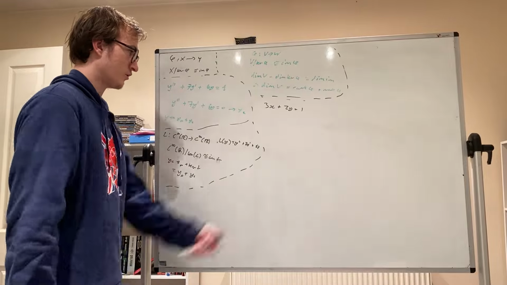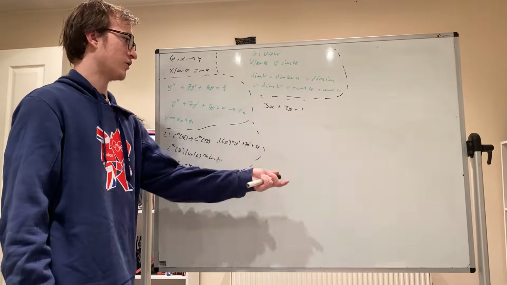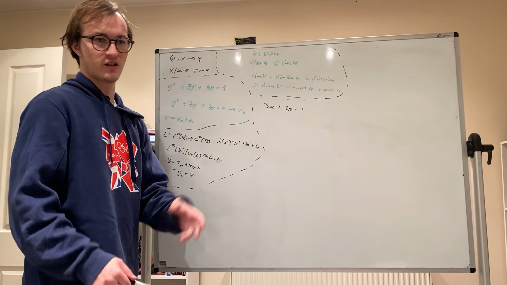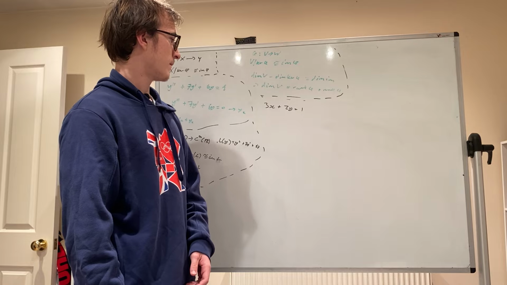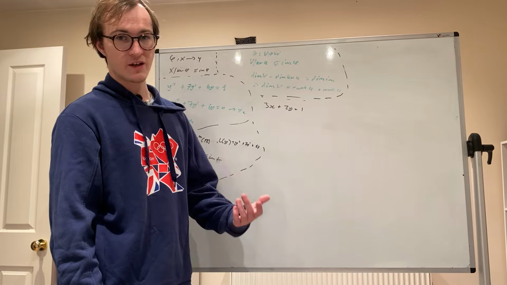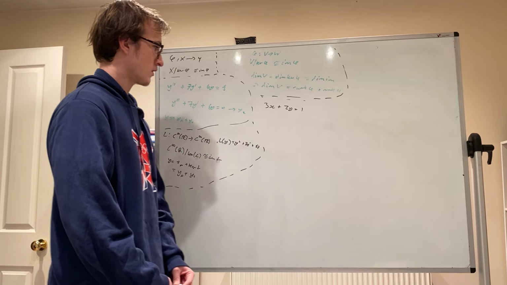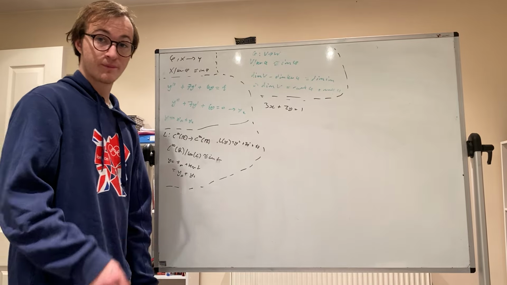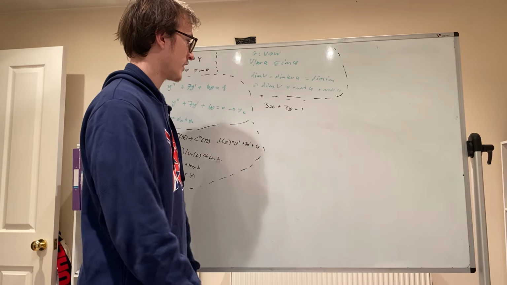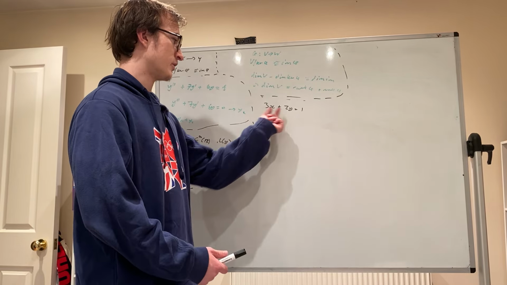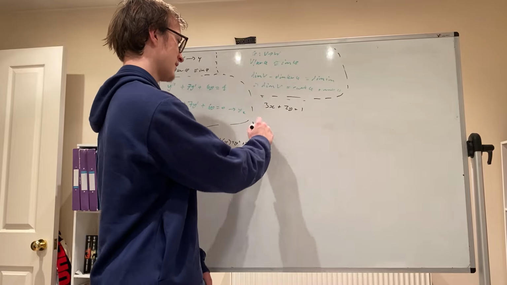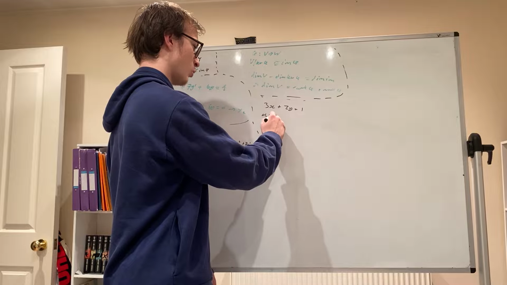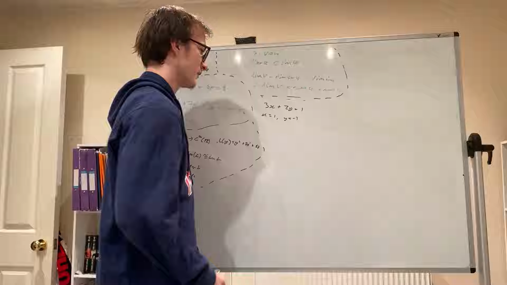You could find x mod 2 and y mod 3, and then use the Chinese remainder theorem and see what you get. But another way you could do this is by Bezout, or the Euclidean algorithm, you could find a particular solution. In this case, it pops out pretty immediately: x equals 1, y equals minus 1.